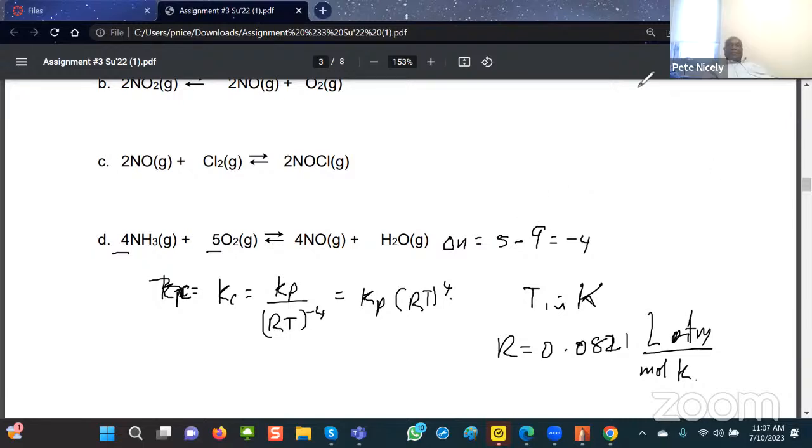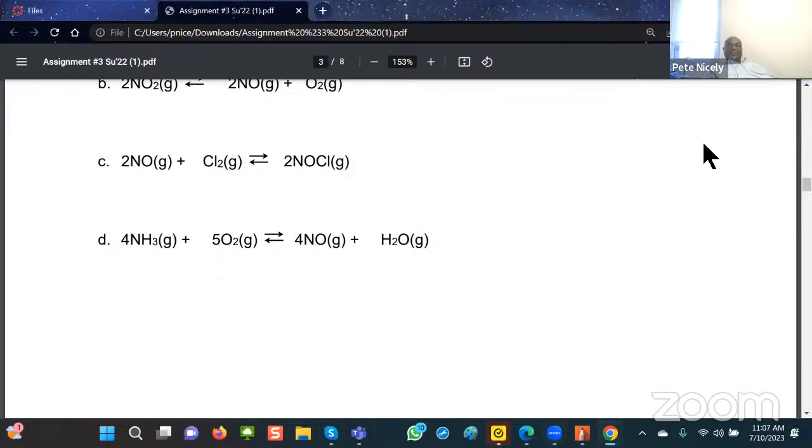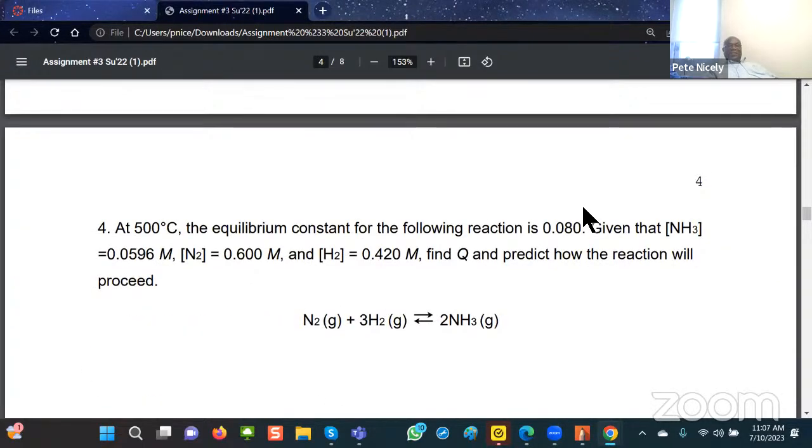All right, let me clear this and scroll down to the next question. The next question deals with situations where you have a system which is not at equilibrium and you're asked to predict which direction the reaction will proceed in order to achieve equilibrium.